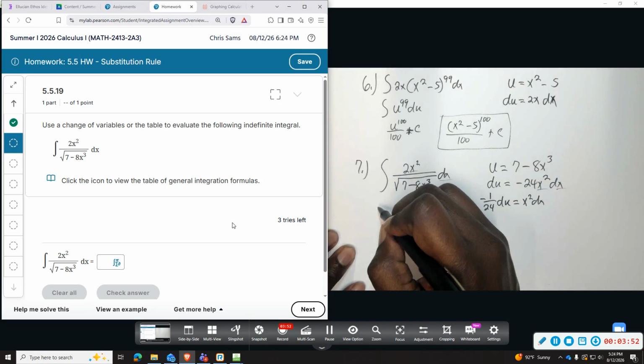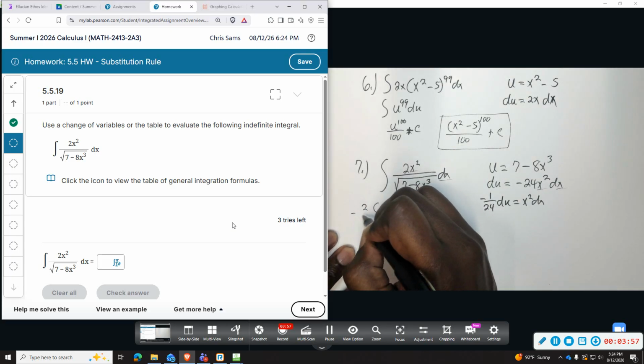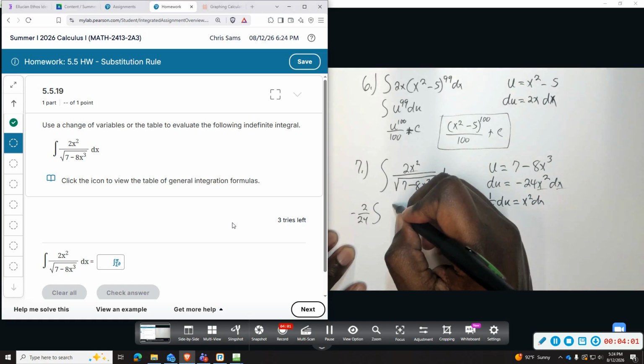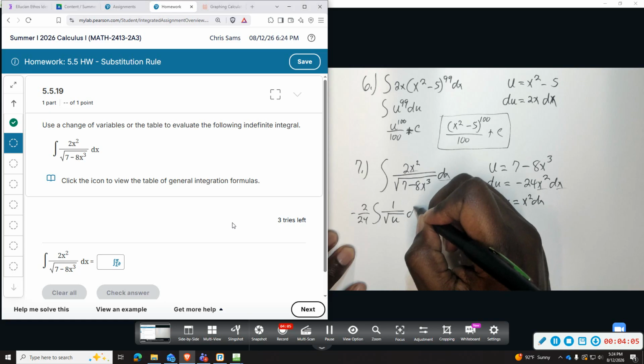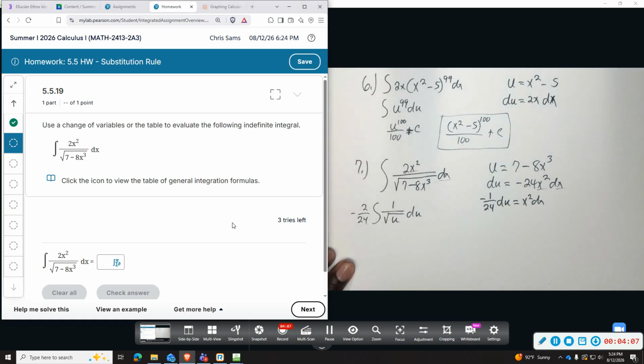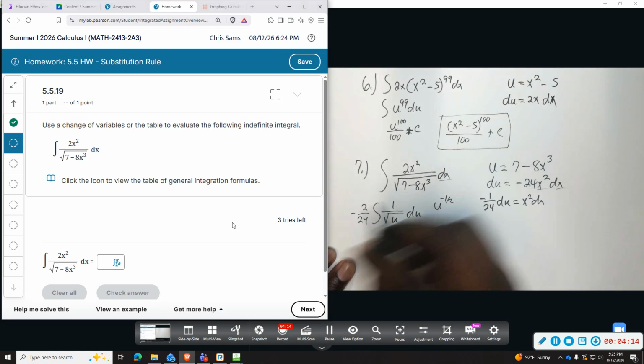So when I substitute, the 2 will come out, the over 24 will come out, and this will be 1 over the square root of u du. And then I'll think about this as a u to the negative 1/2 power.